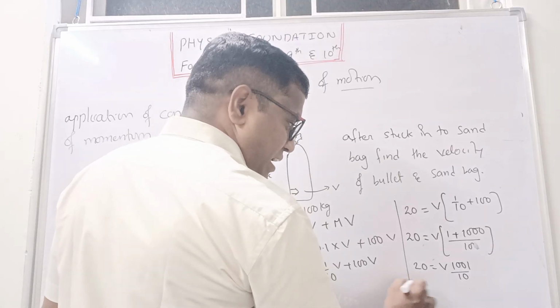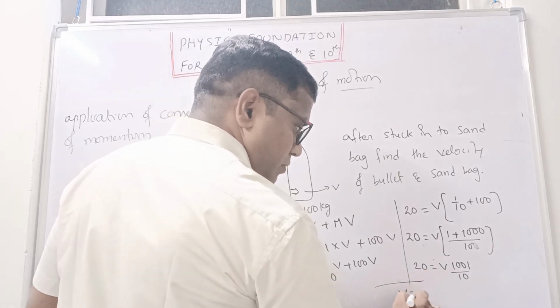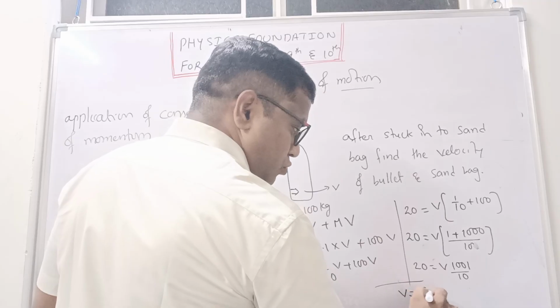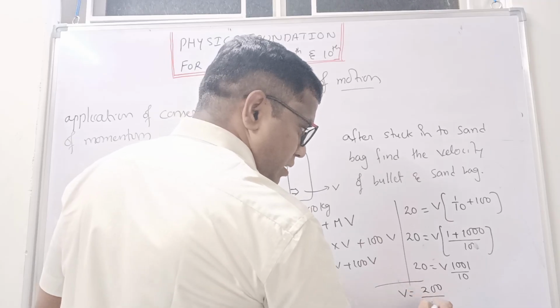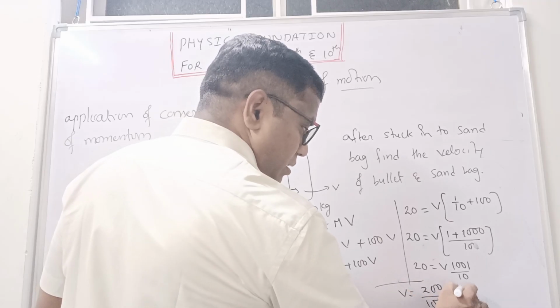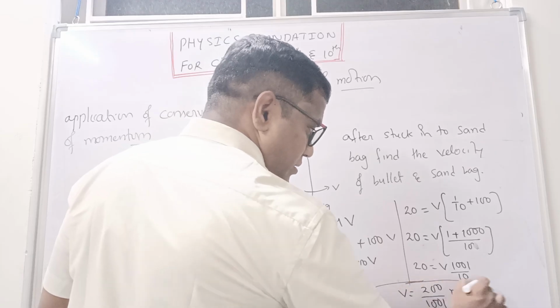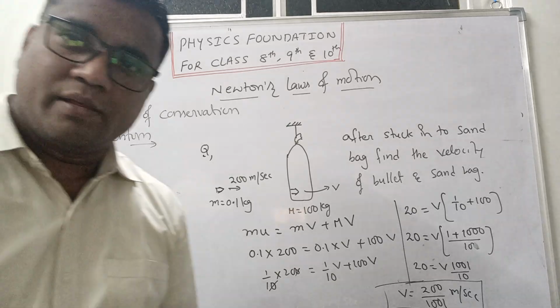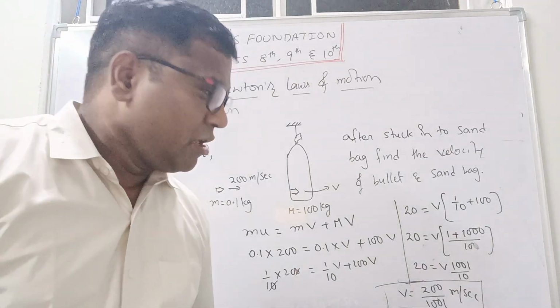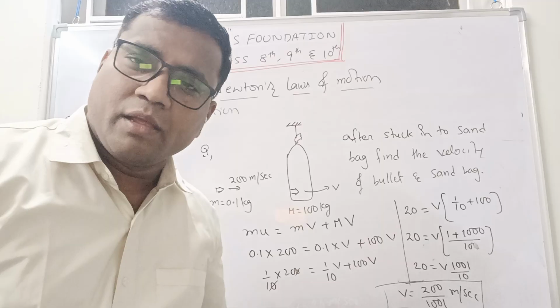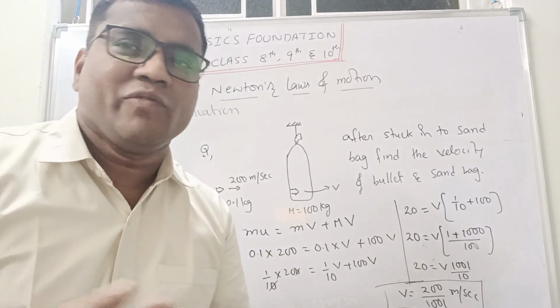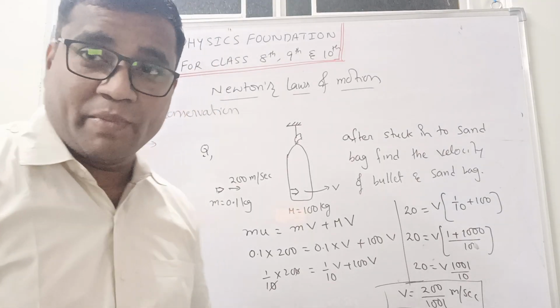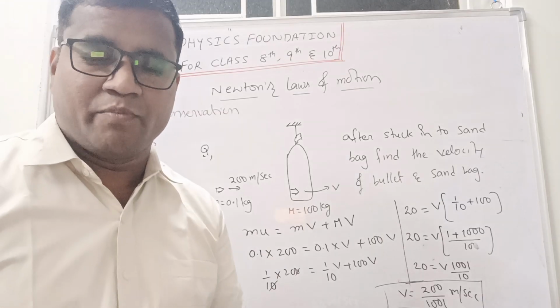Finally, v is equal to 200 by 1001 meter per second. This will be the answer. Clear? I hope you are understanding. The calculations may be difficult, but if you sit and solve line by line, you will get the answer. But the concept is very, very important.